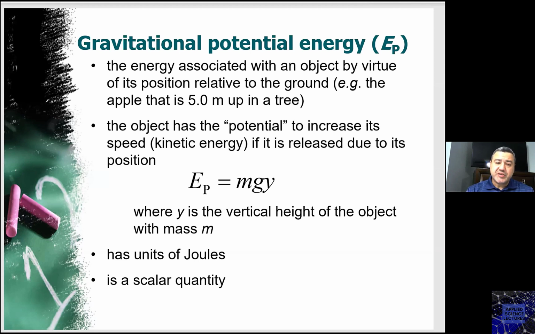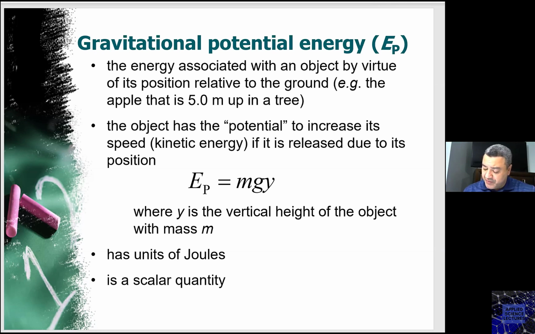There is another energy that is related to the position of this object with respect to the ground, which means if I have an object going from point A to point B, I have the total energy being unchanged. However, it will be transformed from one kind to another.